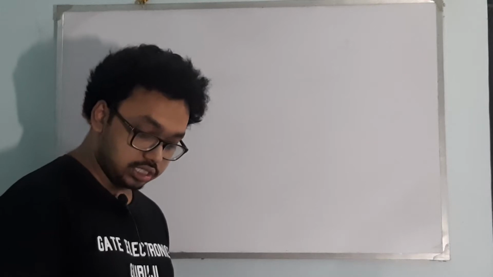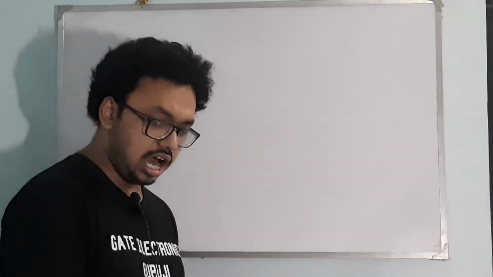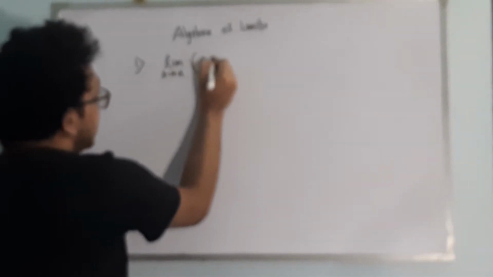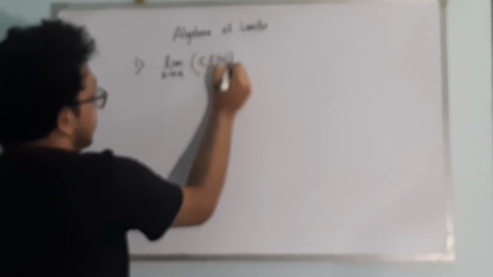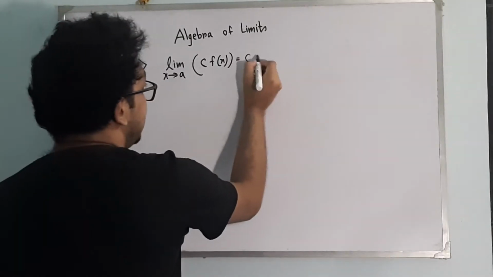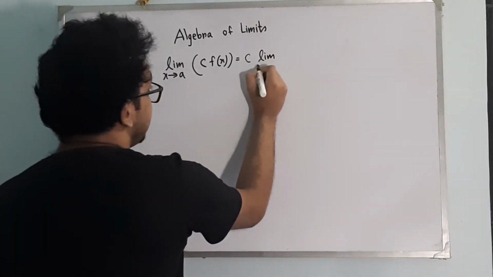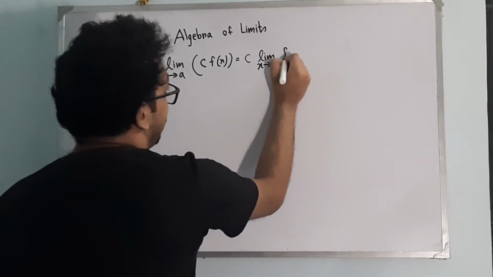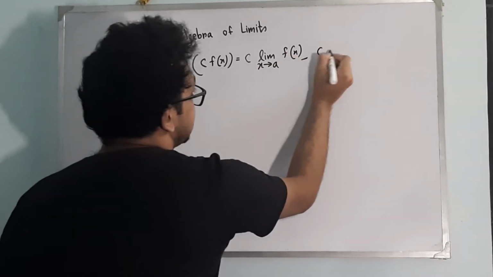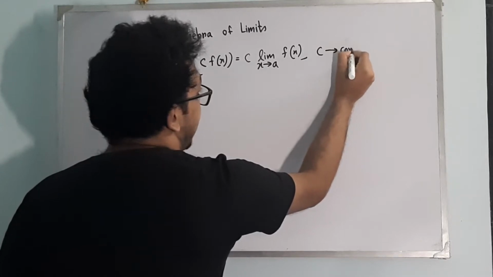The laws of algebra of limits are very trivial and you should already know from class 12. Still, I have to cover the whole syllabus. The first rule is limit extending towards a of c into f of x is equal to c times limit extending towards a of f of x, where c is a constant.